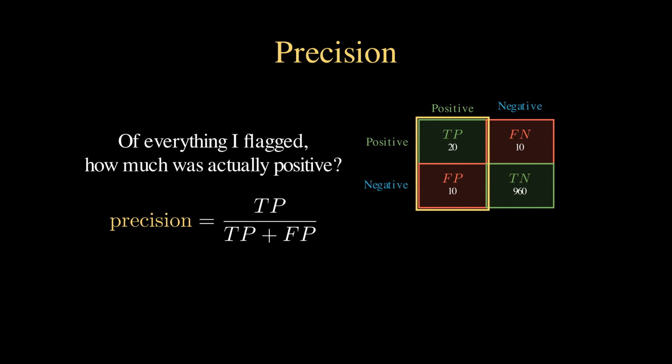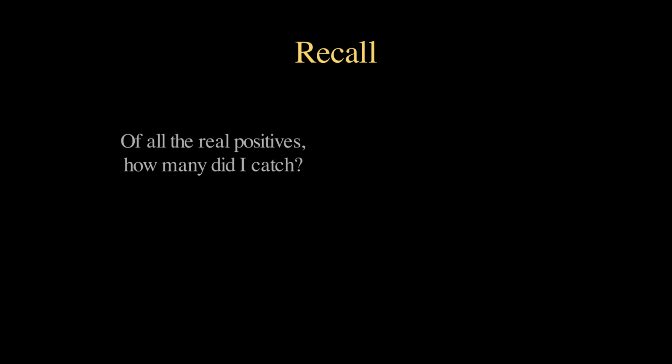In this example, we flagged 30 emails, 20 were real spam, 10 were false alarms, so precision is 2/3, about 67%. 1 in 3 of our alarms was a lie. Precision is the one you care about when a false alarm is expensive, like a real email getting buried in the spam folder.